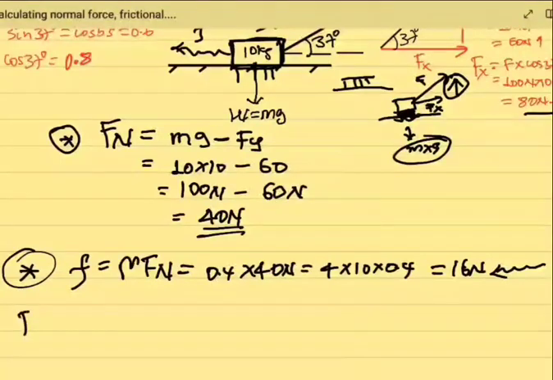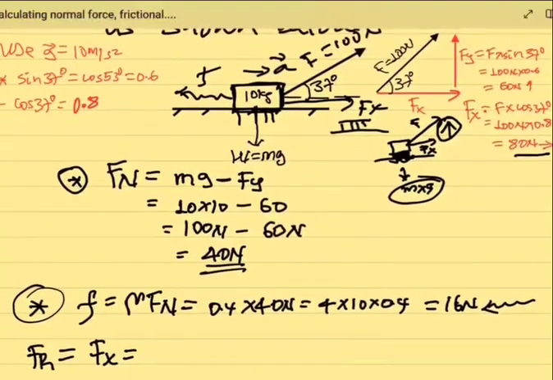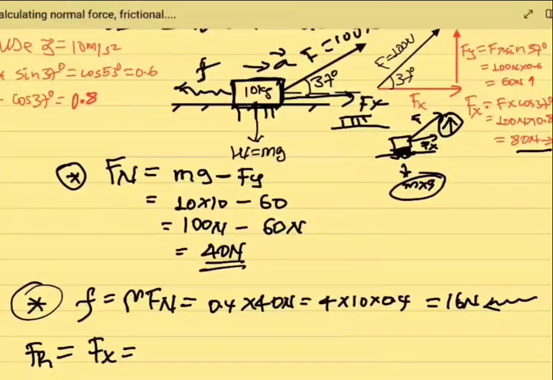Now let's find the resultant force. The resultant force is equal to the x component of the force applied, Fx, minus the resisting friction, small f.